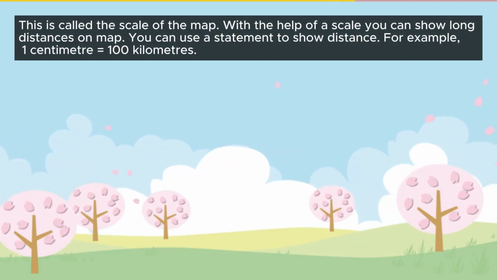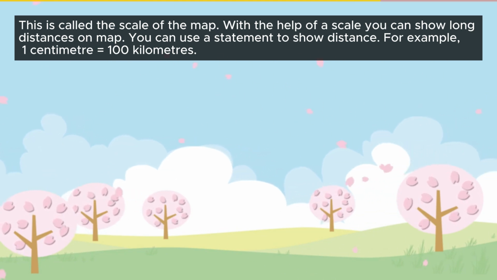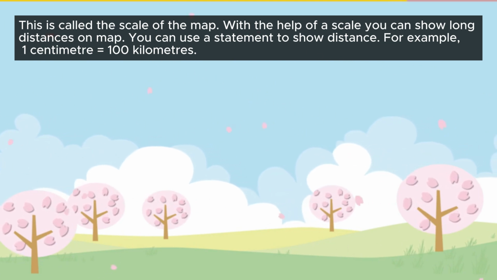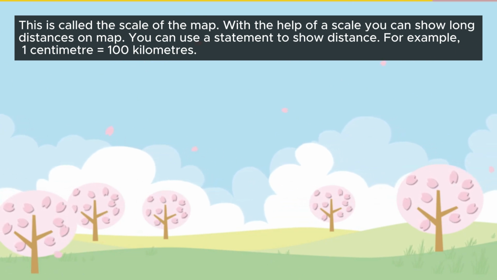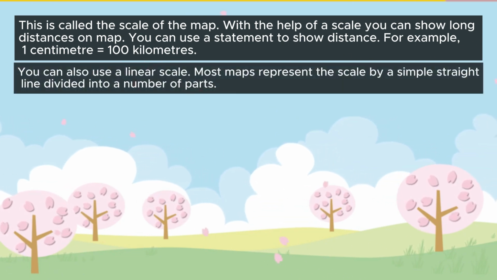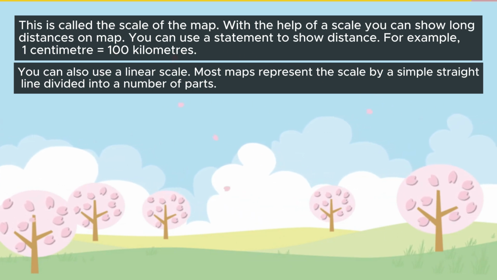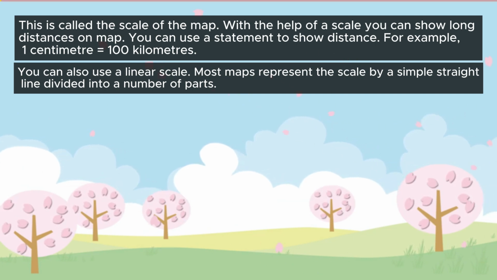With the help of a scale you can show long distances on a map. You can use a statement to show distance. For example, 1 centimeter is equal to 100 kilometers. You can also use a linear scale. Most maps represent the scale by a simple straight line divided into a number of parts.